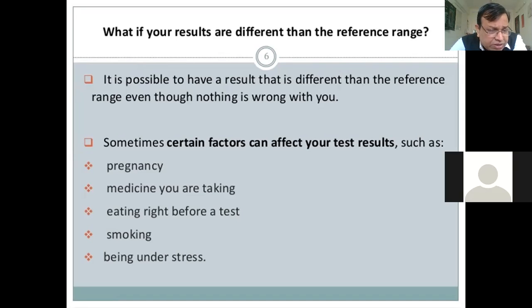Smoking, alcoholism, or any kind of bad habit also affects your result. Being under stress also affects the result, so that it differs from the reference values.